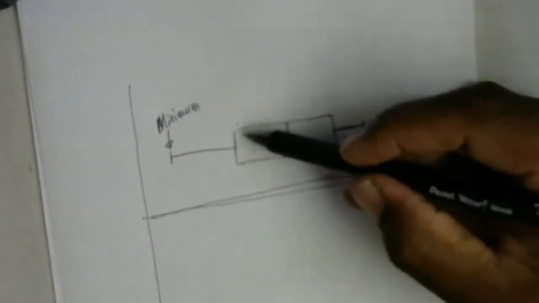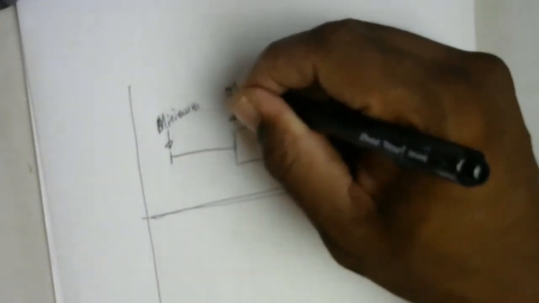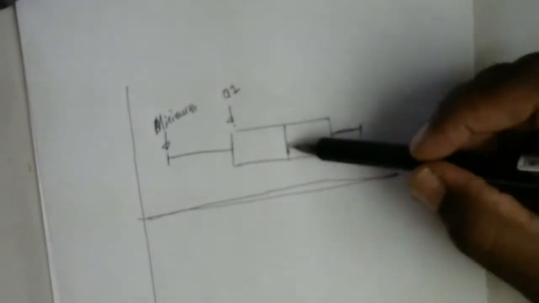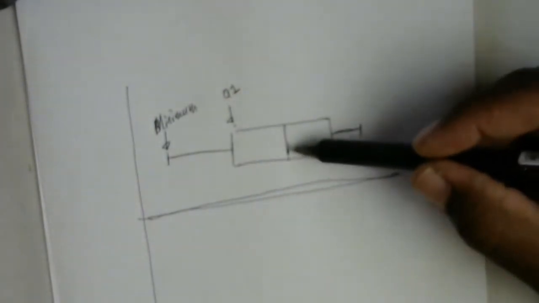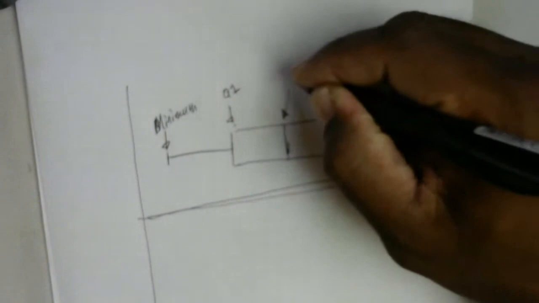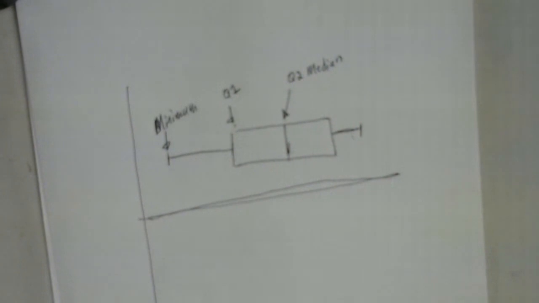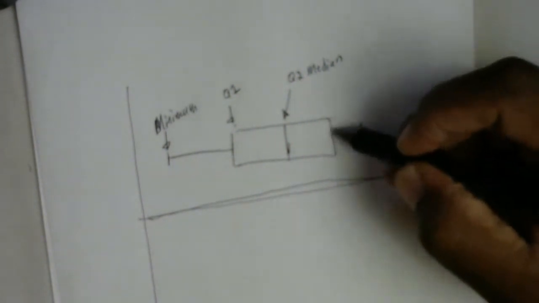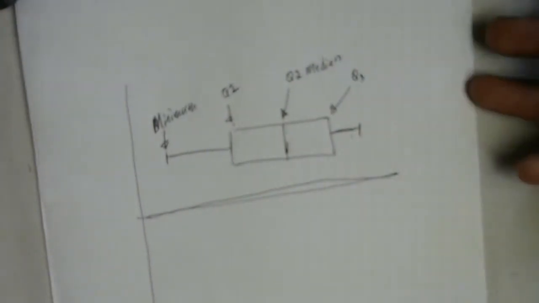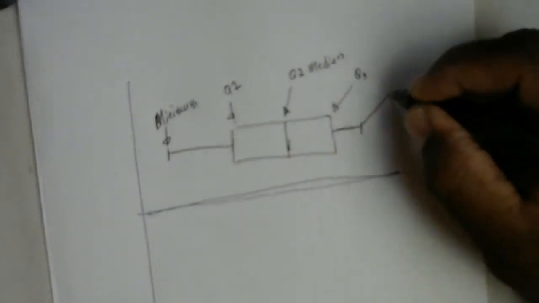From where our box begins, this first line of our box is Q1. I want to actually call this the middle, because it won't actually lie directly in the middle of your box. This is your median, or Q2. The last line of our box is Q3. And this last point is the maximum.